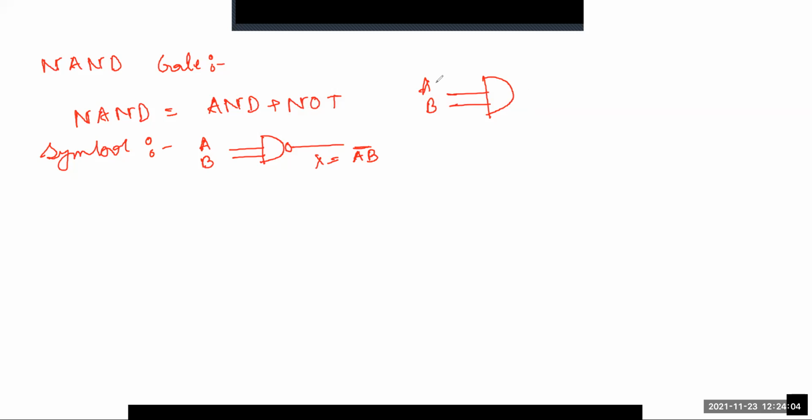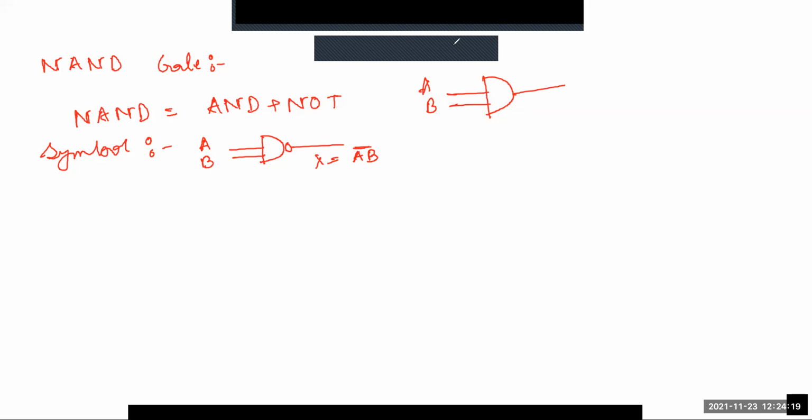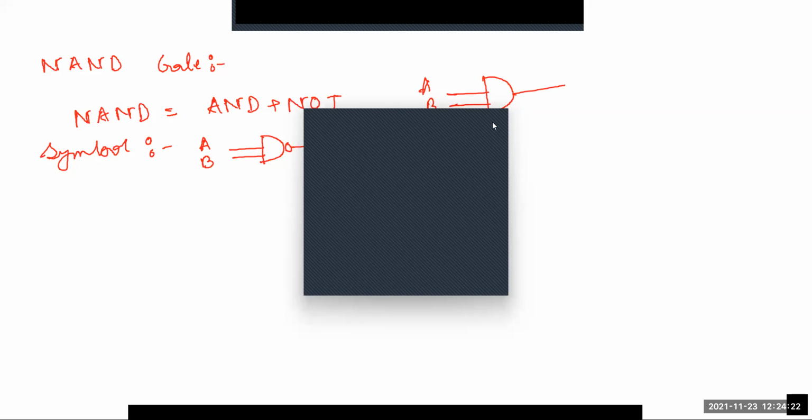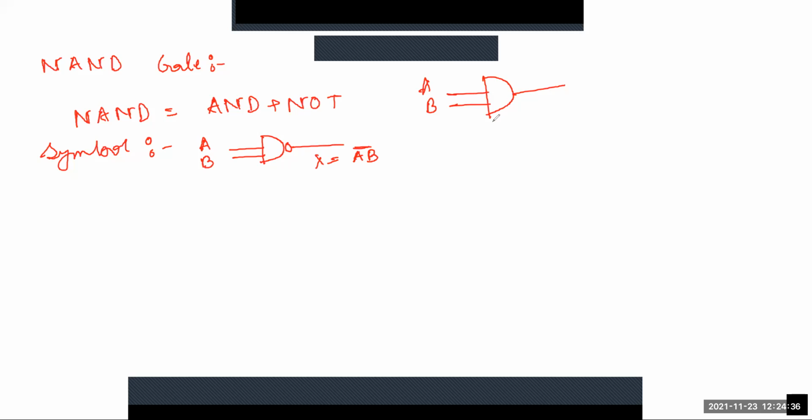So here, if it is AND gate, we are considering this first one is the AND gate. So what is the output of this AND gate? What is the expression of AND gate? Are you getting my point?